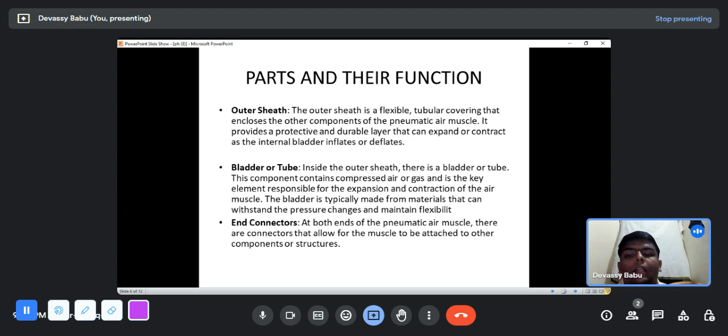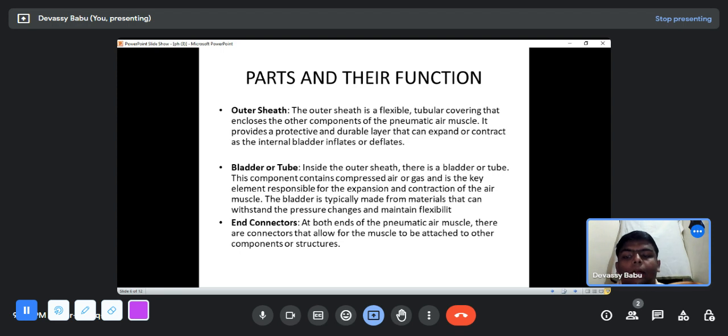Bladder or tube: inside the outer sheet, there is a bladder or tube. This contains the compressed air or gas, and is the key element responsible for the expansion and contraction of the muscle.